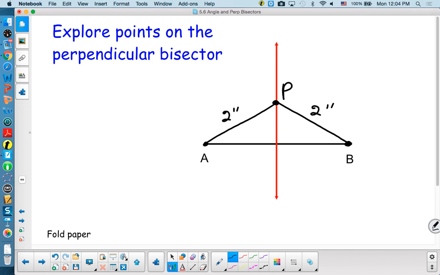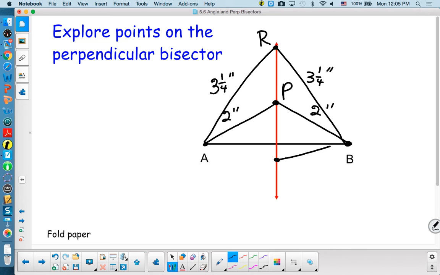Could try this again. Try a point even higher. Measure to each end. And in my picture that's going to be longer, but actually they're still going to be equal. So maybe this is 3 1/4 and 3 1/4. No matter where we put a point on that perpendicular bisector, when we measure both directions, those lengths will be equal.